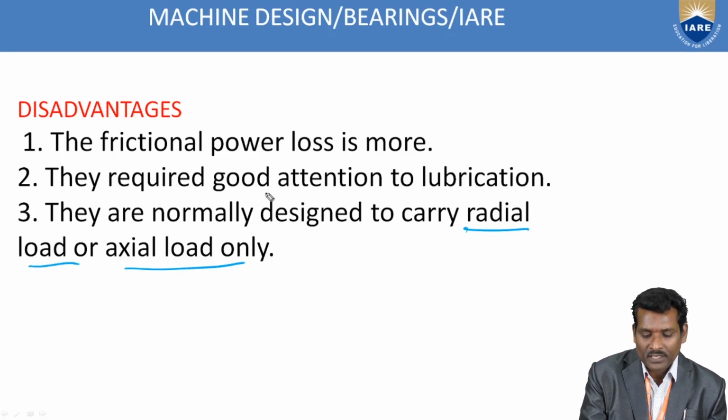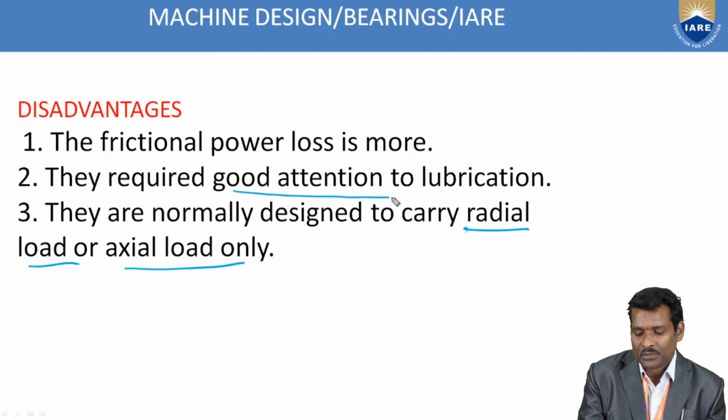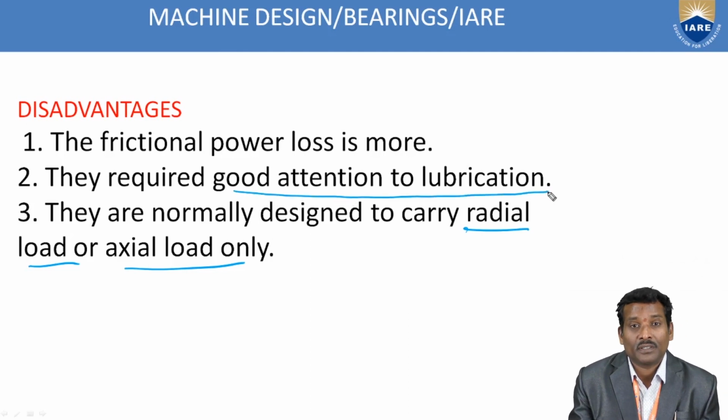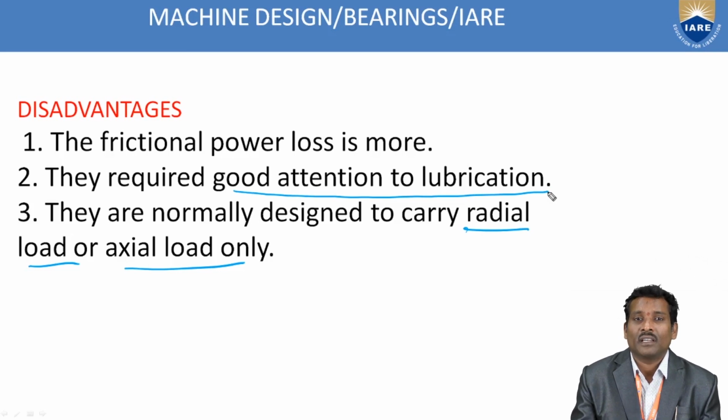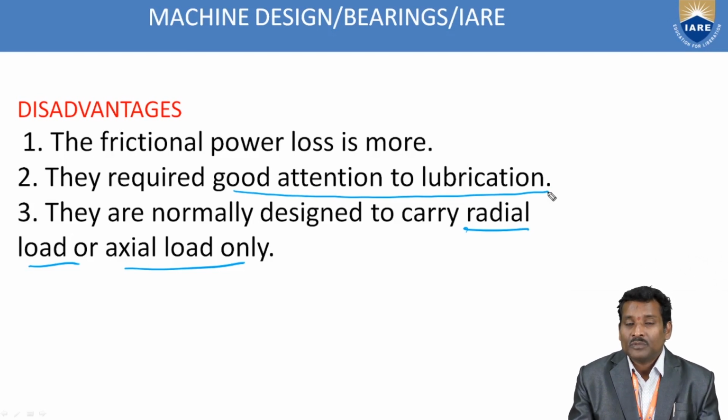And one more thing is, the main disadvantage is good attention to the lubrication. Good attention to the lubrication means, while selecting a lubrication oil, we will see the important properties of the lubricant. Why? Because these sliding contact bearings work purely on lubrication properties.